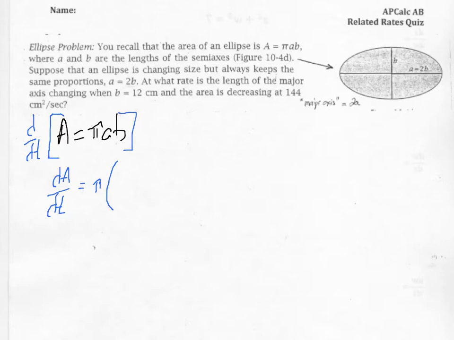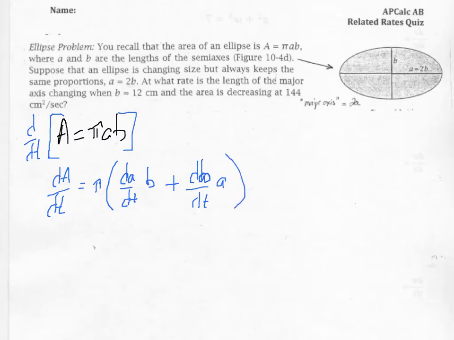So this would be the derivative of the first, which would be 1 times da/dt, the derivative of the first times the second, plus the derivative of the second, db/dt, times the first.